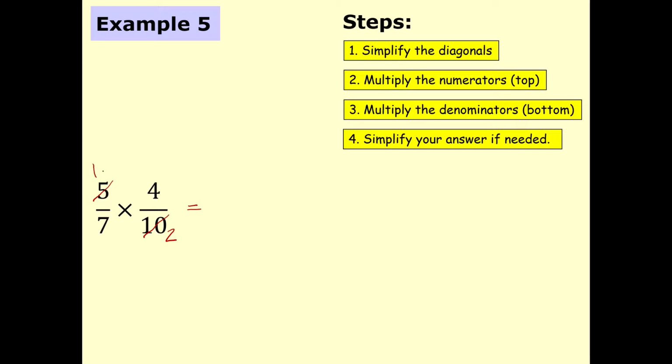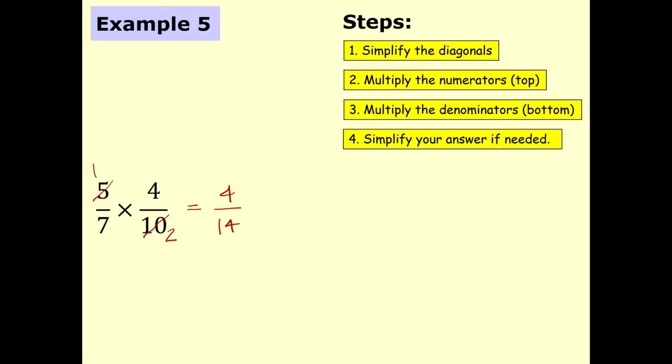So this 1 is the numerator here. 1 times 4 gives you 4. And 7 times 2 gives you 14. And we're going to look at our last step, which is to make sure your answer is fully simplified. Okay, 4 and 14, they're both even numbers, which means we can always divide them by 2.